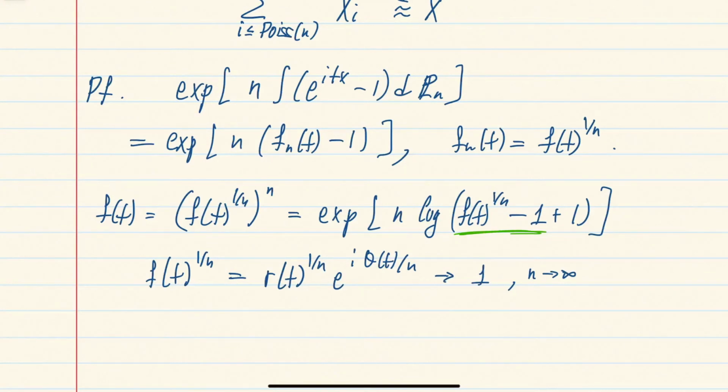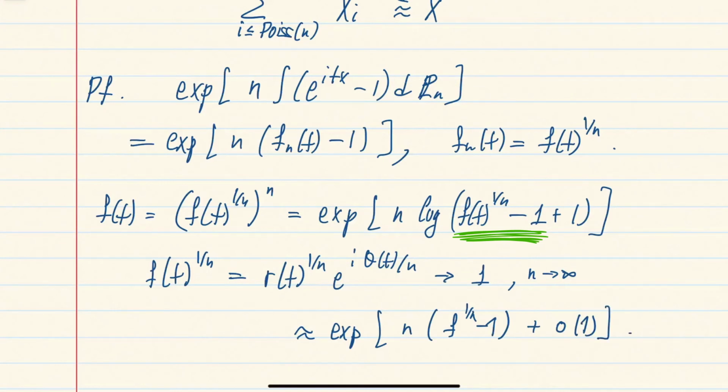So in particular, subtracting 1, you get something small. And so in the above exponential, if you just write the logarithm of 1 plus z as a Taylor polynomial up to the first order, the first order term will be exactly this nth root minus 1, and then you will have smaller order terms, and you just have to see that those disappear when n goes to infinity.